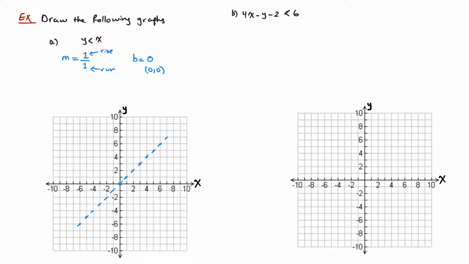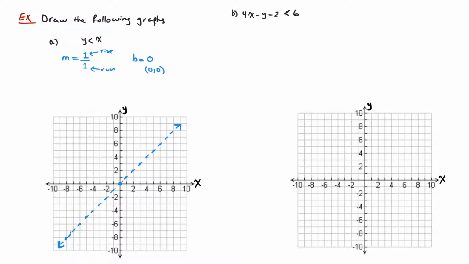When you're drawing these lines, just make sure that you're using most of the graph. I sometimes get students who use a very small amount of the graph, and it doesn't really help much. It's really difficult to see. So in this case, y is less than x will be indicated. Since it's less than, we have to shade below the line.